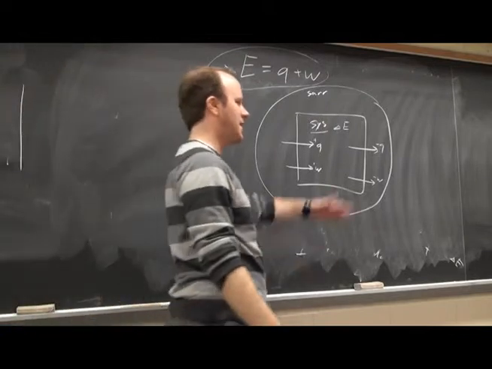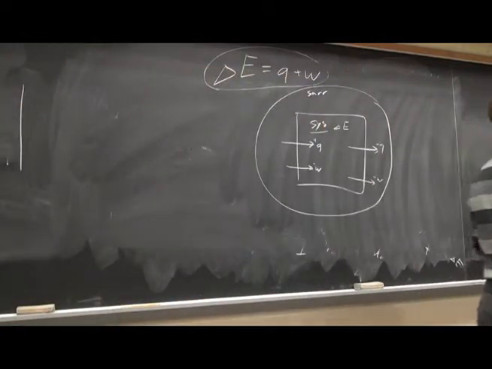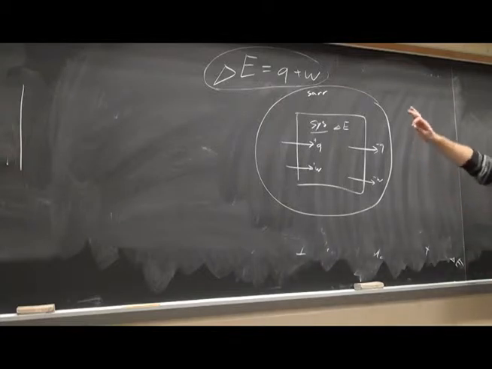So if you're taking heat out, internal energy is going down. If you're putting heat in, internal energy is going up. So this will help you with confusion on signs and stuff like that. You got away with it on the last homework. I apologize for that. Go ahead.